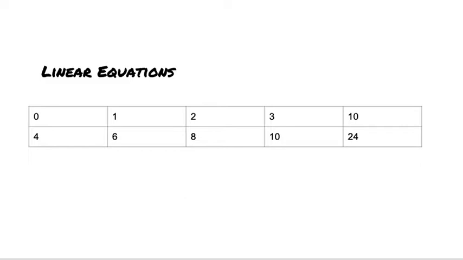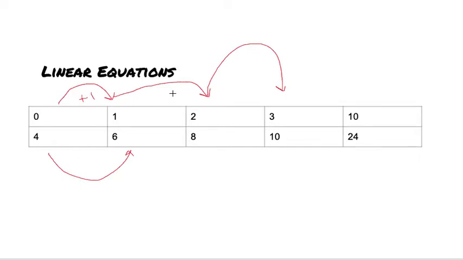So you might remember that when I'm looking here, when I go from here to here, that's an increase of 1. When I go from here to here, that's an increase of 1. And from here to here, that's an increase of 1. When I go from 4 to 6, that's an increase of 2.